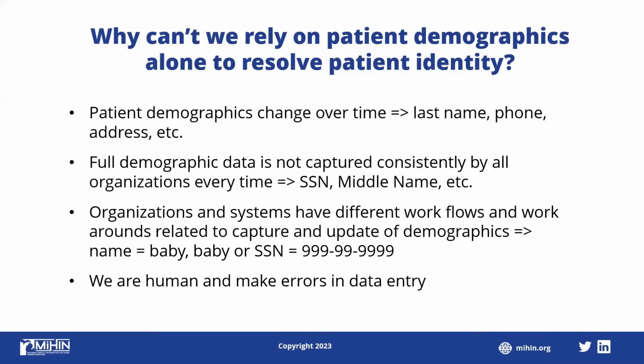Third, organizations and systems have different workflows around demographics, and those things end up in the eMPI, like baby for newborns, or SSNs that people don't want to capture but systems require, and they get entered in as all 9s. And that creates noise and problems in the eMPI. And then lastly is we make errors as humans, and those end up in the eMPI, and they create noise as well.